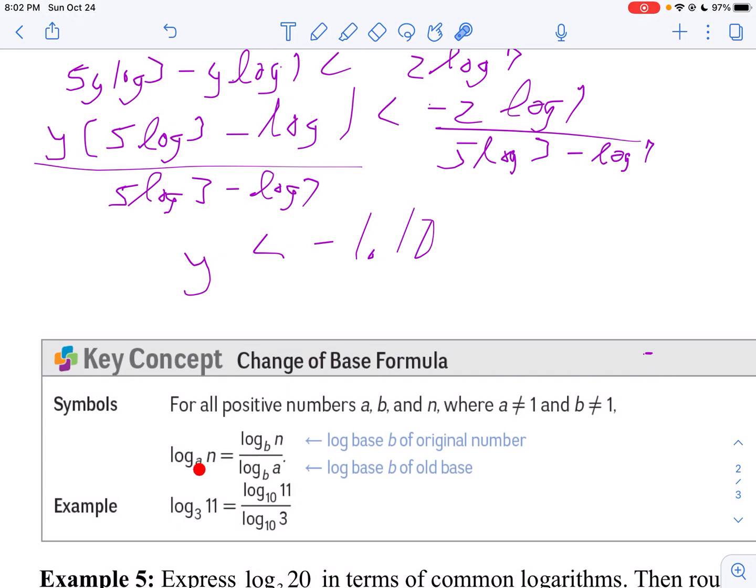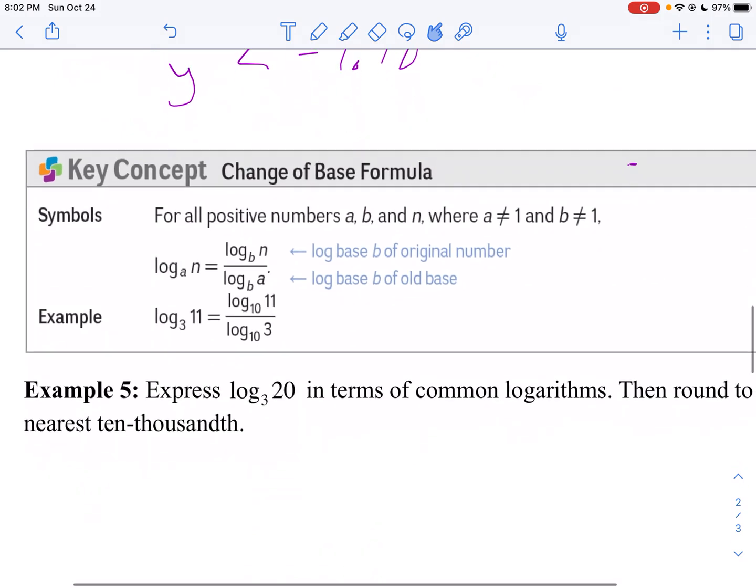Whatever my base is, I'm going to take the log of my argument divided by the log of my base. So if I have log to the base a of n, that's going to be the log of n divided by the log of a. Or if I have the log to the base 3 of 11, that'll be log of 11 divided by the log of 3, using our common logarithms.